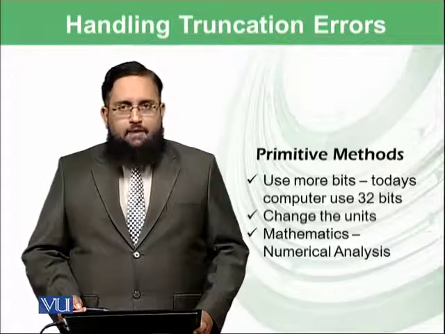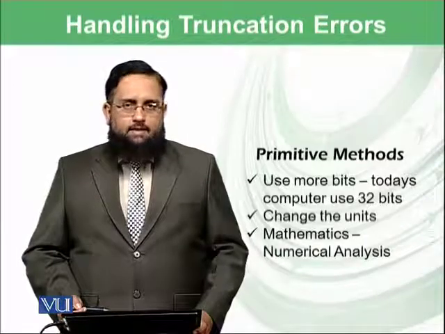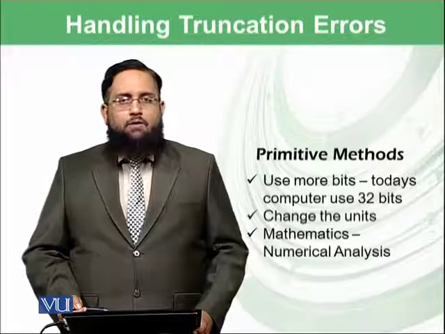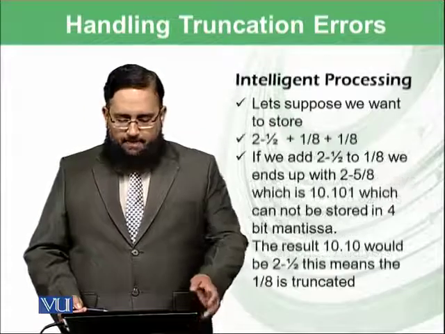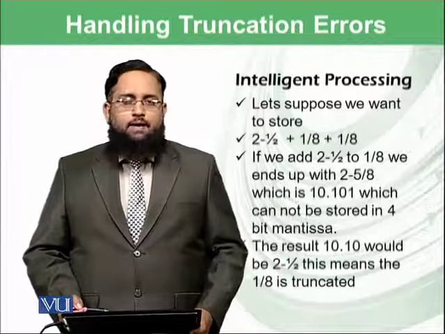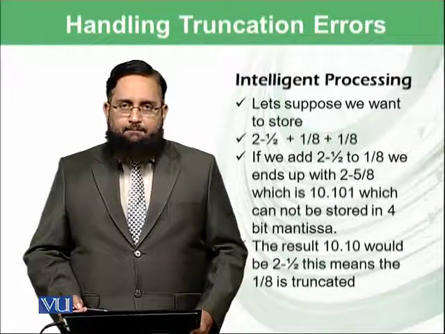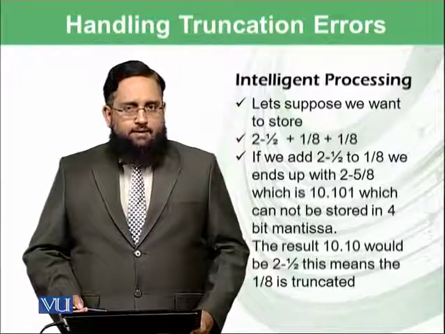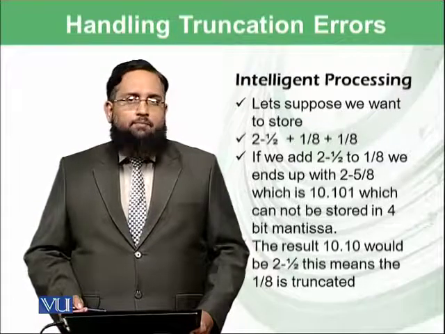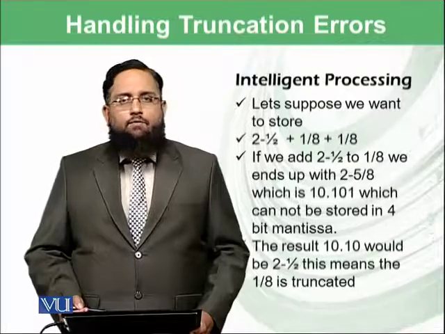And then there is a mathematical field called numerical analysis, which is working hard to solve such problems. Let's have a very interesting example here that would tell you there is another method to avoid truncation error by intelligent processing of our queries.